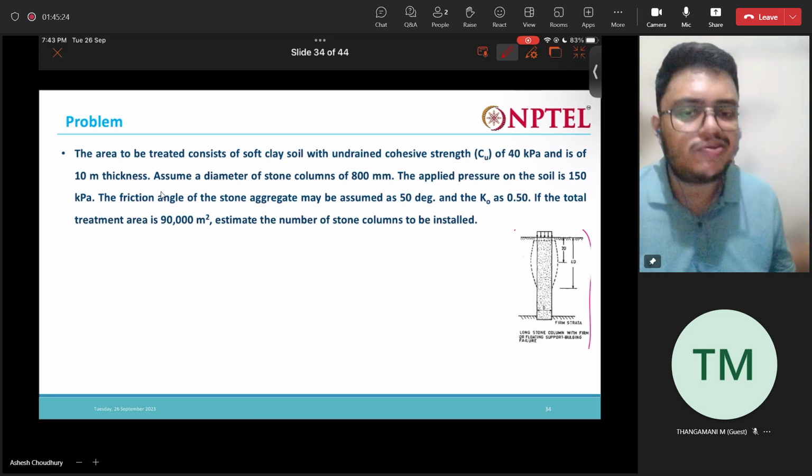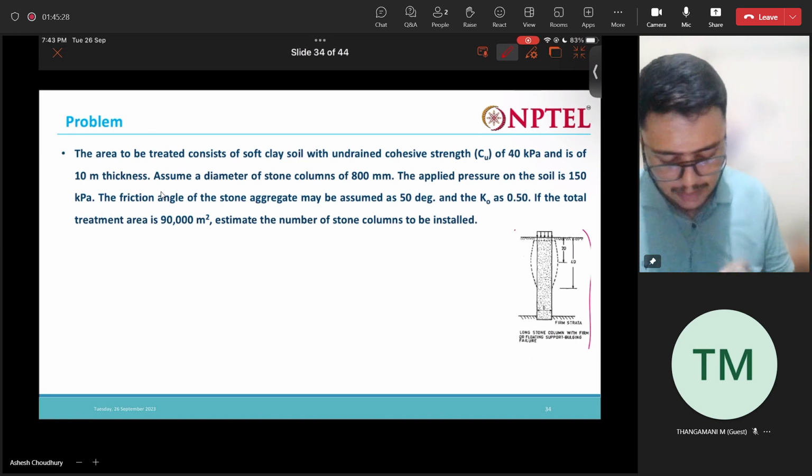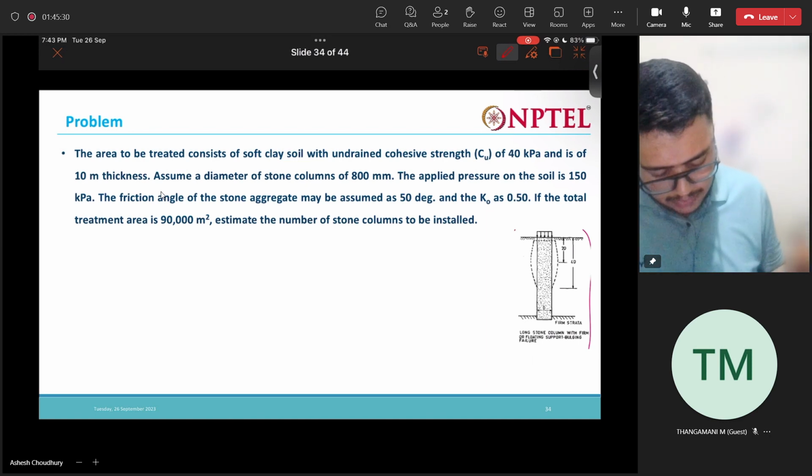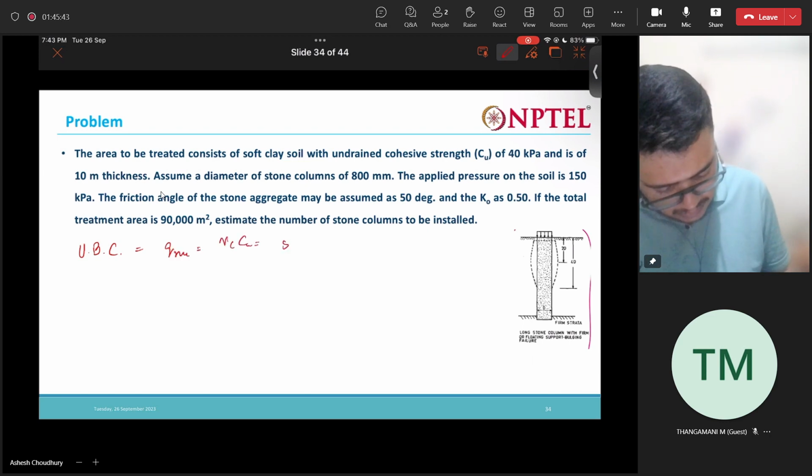To solve, we will just follow the steps given by the IS code. We already discussed the steps. First, the ultimate bearing capacity of the soil, nothing but Nc into c, 5.14.